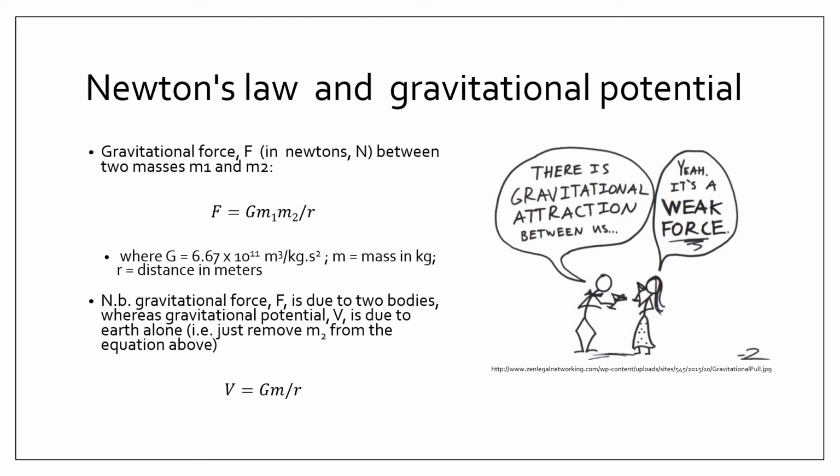Now, when we are talking about gravitational potential, we are just talking here about the potential due to Earth alone. So, in gravitational potential, you just remove the mass of that arbitrary object. All right.